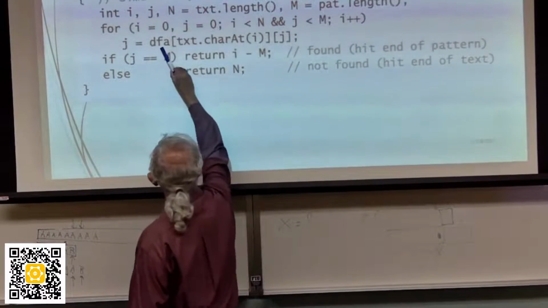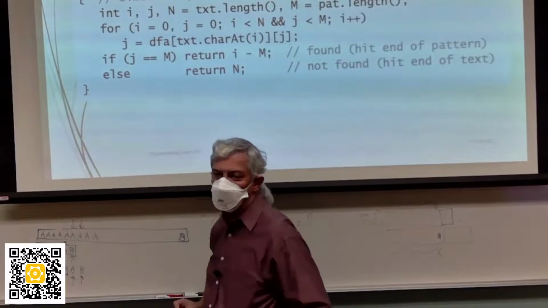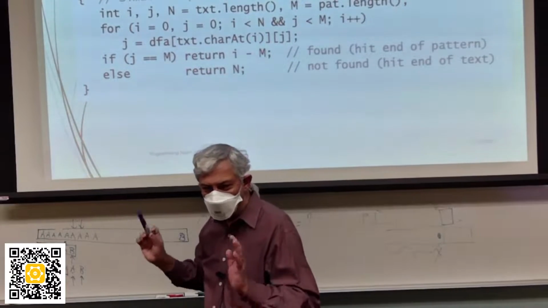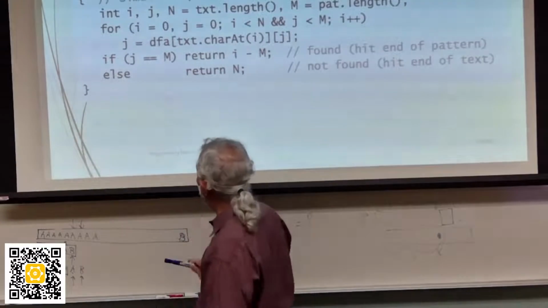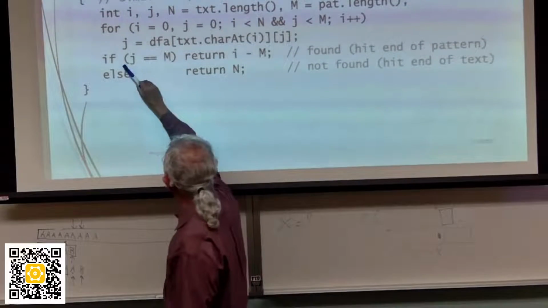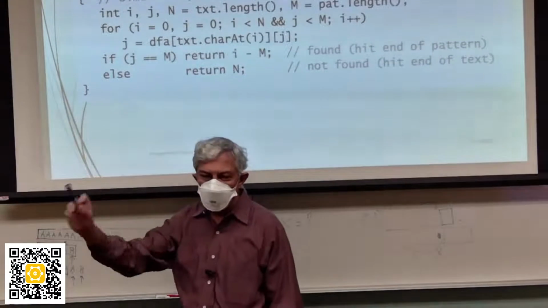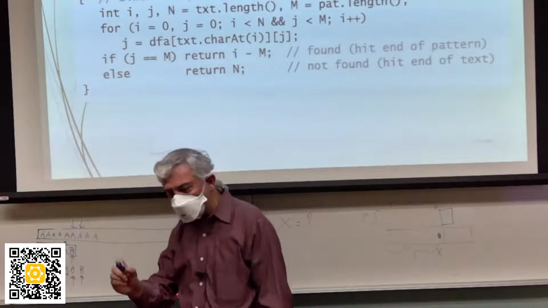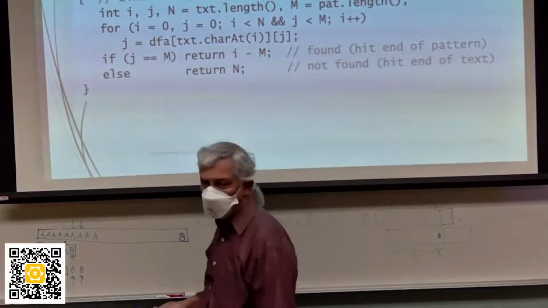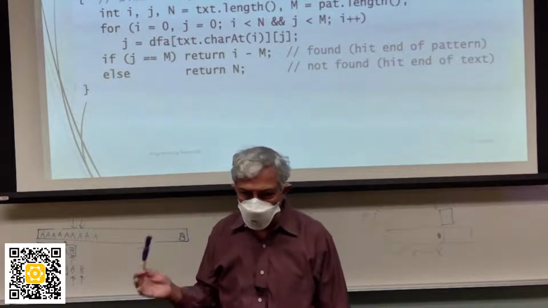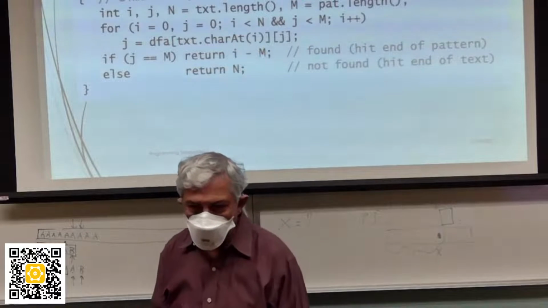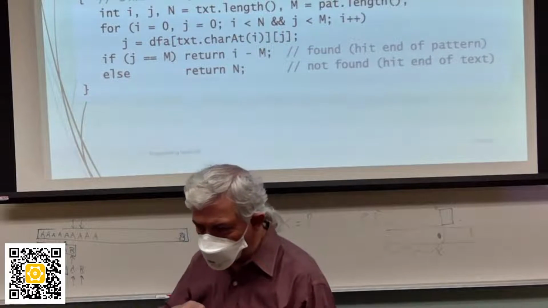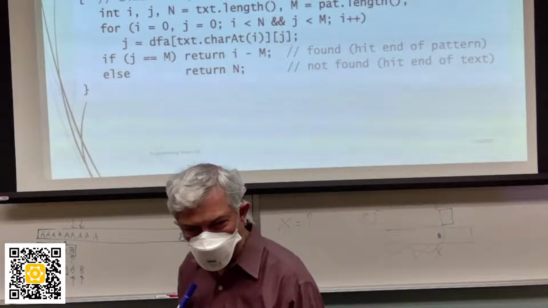Then this simply says use the DFA to go wherever it tells you to go. Don't do anything different, just follow the instructions. If at any point you reach M, which is the end of the pattern, report it as something that's matched. Depending on whether you want one match or all matches, you would have to modify this code.